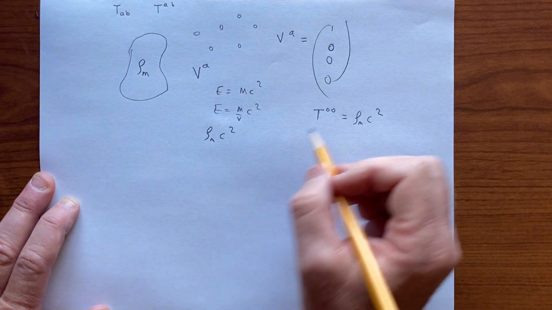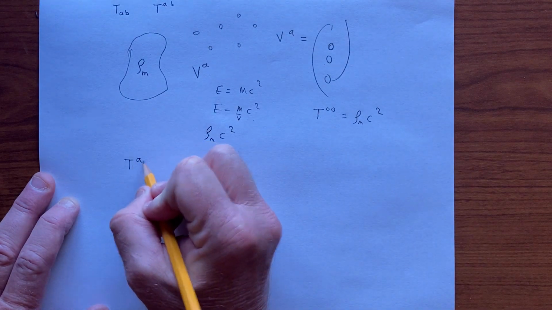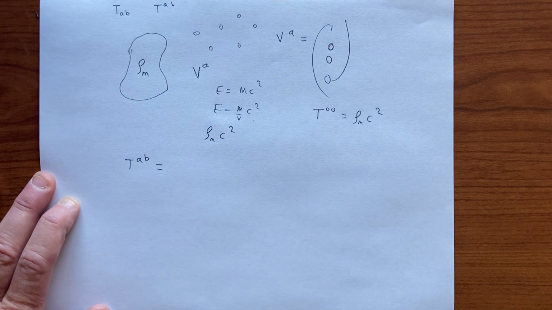and this sort of gives us a hint as to how to construct T^AB more generally, where the fluid velocity isn't 0.